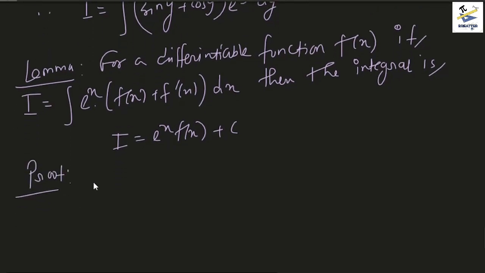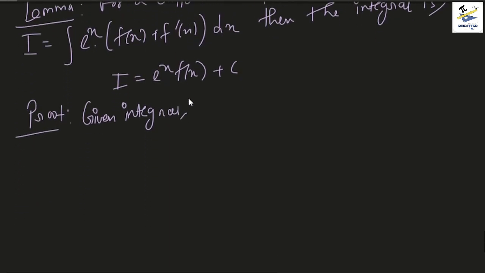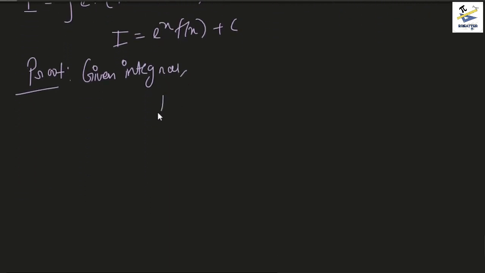We start with the given integral, and we shall see why this lemma is important in solving this particular problem. So given integral is I equals integral of e to the power x whole into f of x plus f dash x dx.